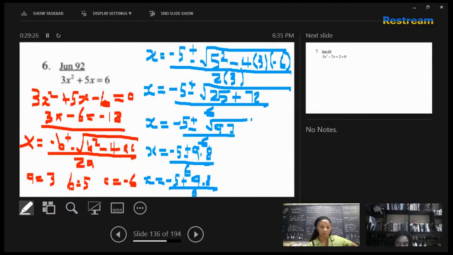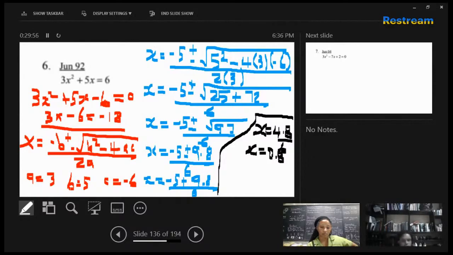So -5 plus 9.8 is positive 4.8, and that would be 4.8 over 6, and that would give us x equals 0.8.